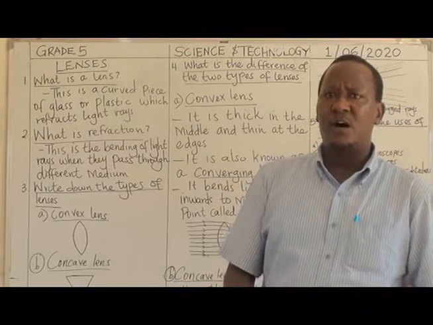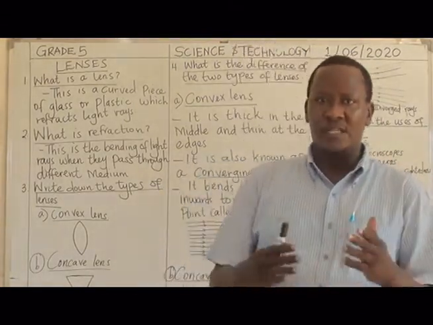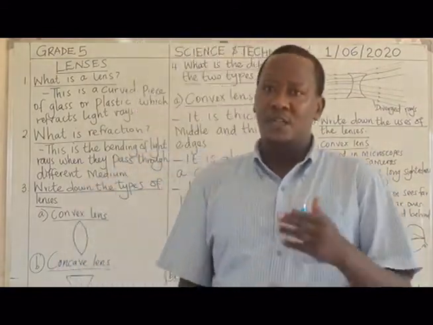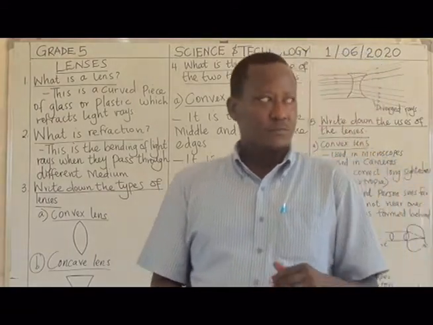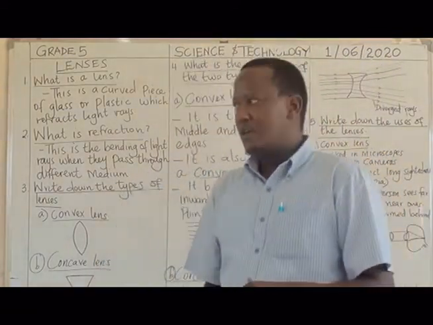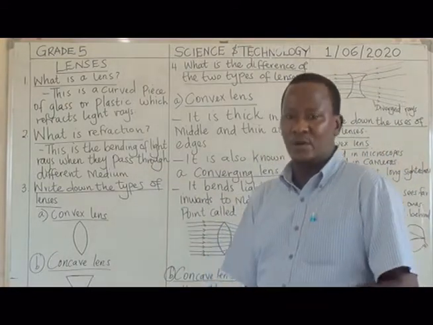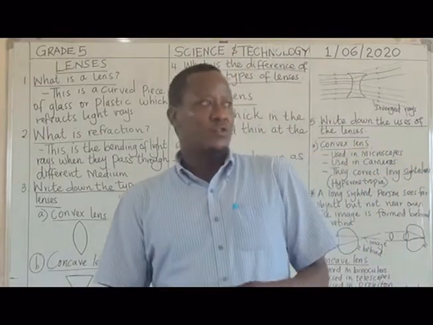We have talked about the law of reflection, the properties of images on mirrors, and the different types of mirrors. Now, in that line, it is good we also look at what lenses are, because they are one of the things which are used in light.